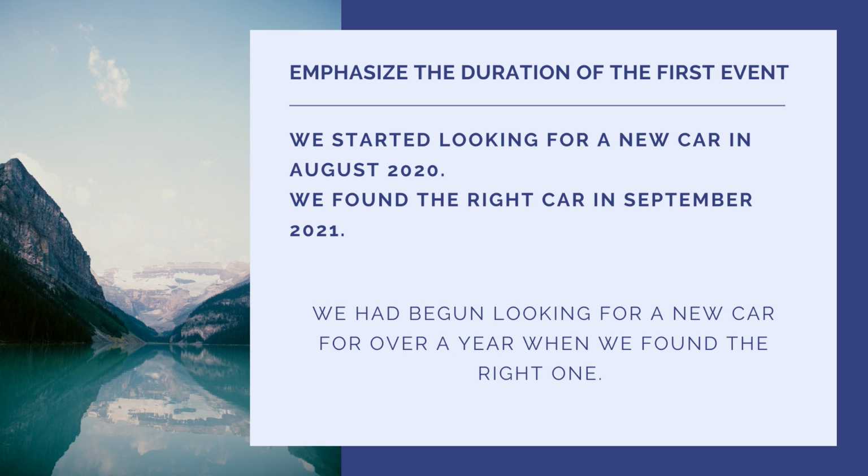In this other example, we can see that we can use the past perfect progressive to emphasize the duration of the first event. So, in the example, we started looking for a new car in August 2020. We found the right car in September 2021.